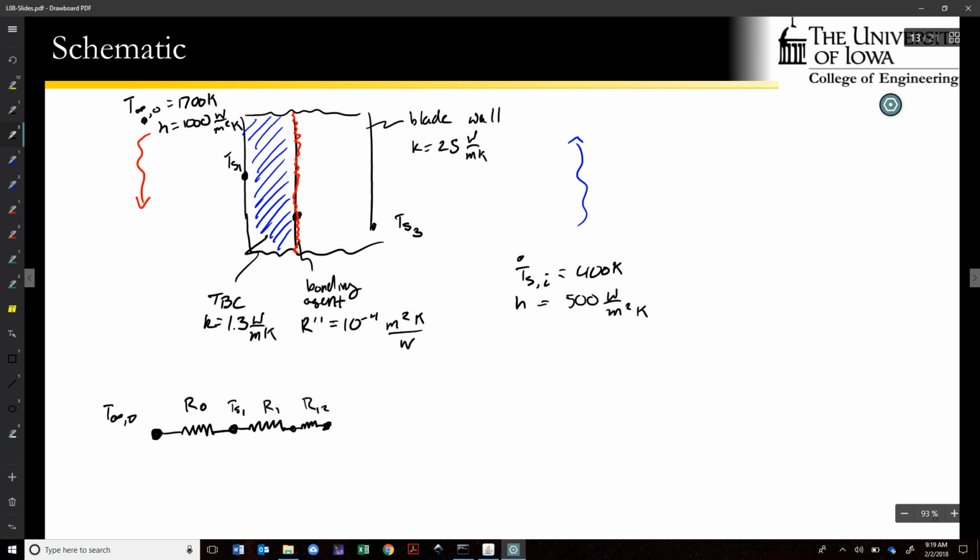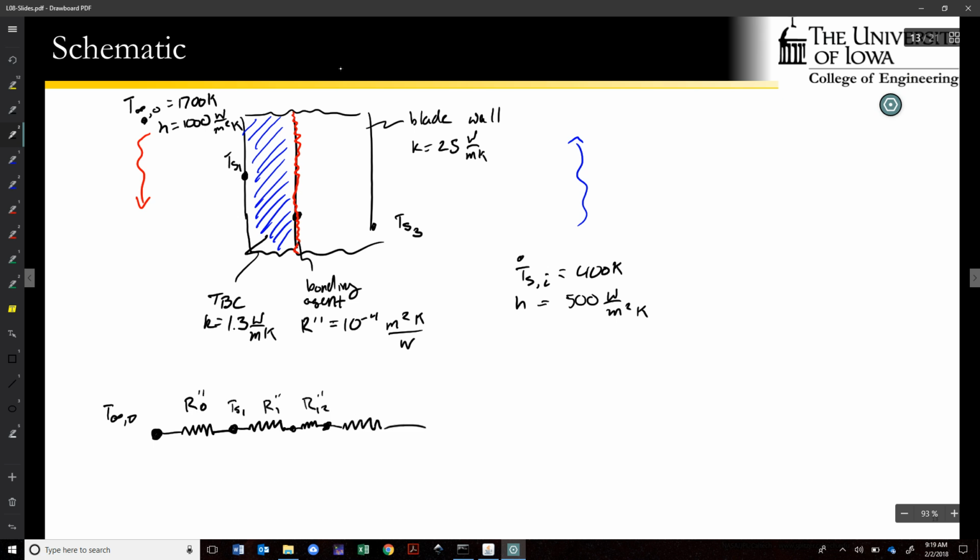This is the thermal resistance of the bonding agent between the two layers of material, and this is the thing that we've been given. We've been told there's this layer of glue in there that has some resistance. I should put double primes over all of these because we're going to work in heat flux.